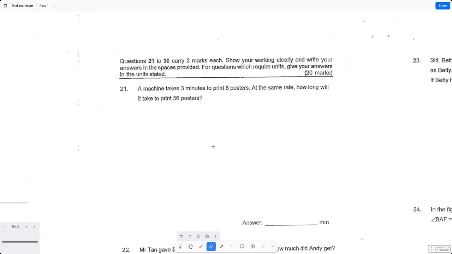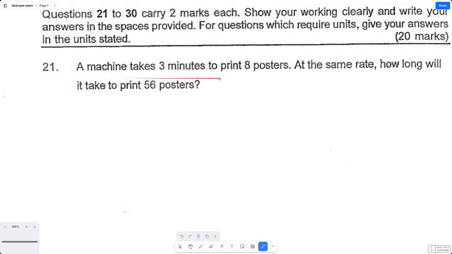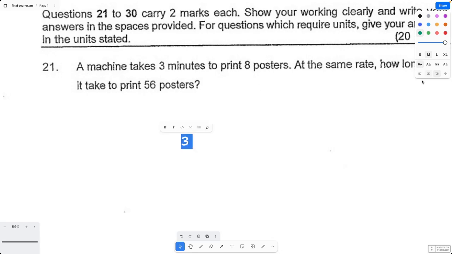All right, let's move on to question 21. Question 21 says a machine takes 3 minutes to print 8 posters. At the same rate, how long will it take to print 56 posters? So we know in this case, 3 minutes, we can print 8 posters.